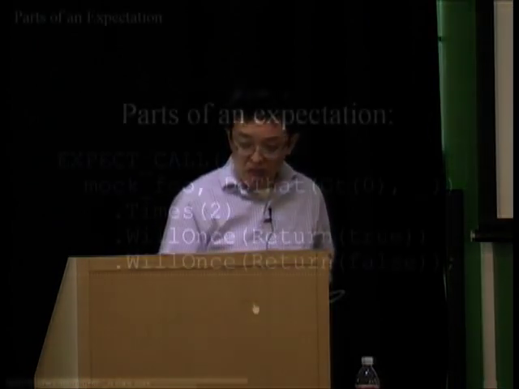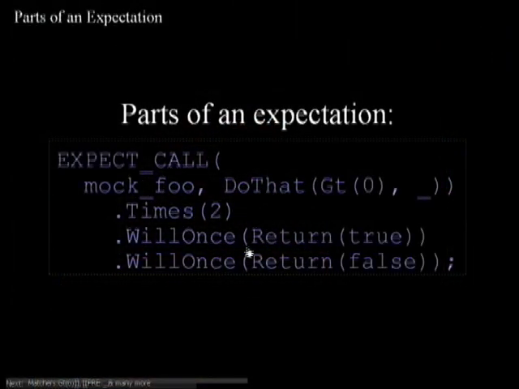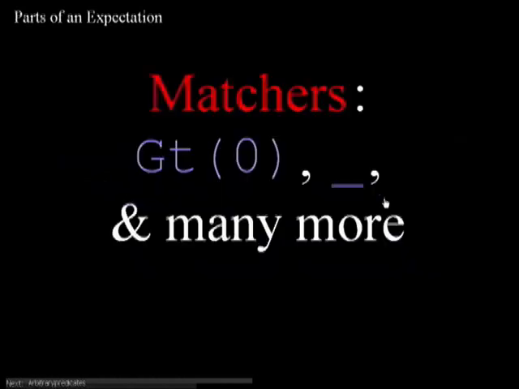Now, let's take a closer look at the syntax of gMock. Here, inside the method, we have two things for specifying what arguments can be there. Those are called matchers. We have seen 2 examples, and gMock has many more to offer.